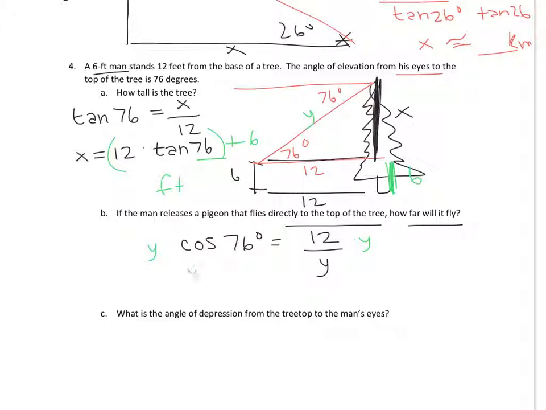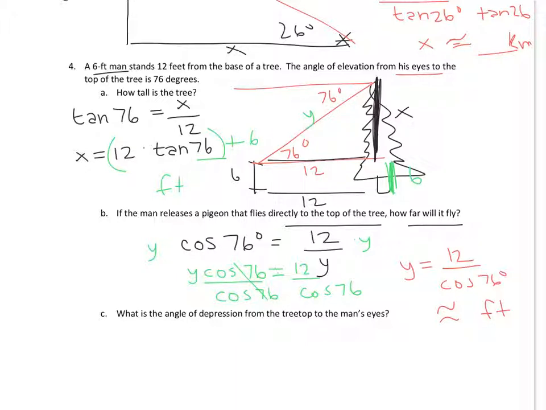So it's going to be y cosine of 76 equals 12. Divide both sides by the cosine of 76. So this cancels out. So y equals 12 divided by cosine of 76. Put that in your calculator and round it, and you're going to be talking about feet.